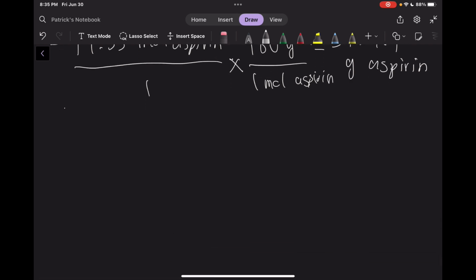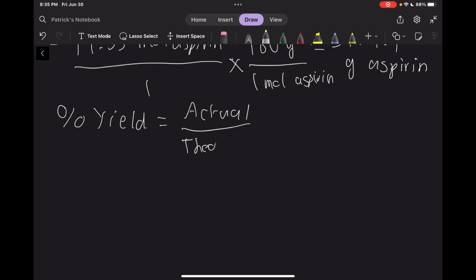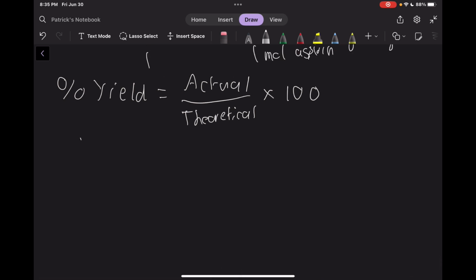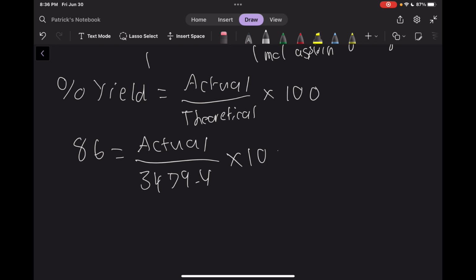Percent yield equals actual over theoretical times 100. So we just need to substitute our values and solve for the actual yield. 86 equals actual divided by 3,479.4, all multiplied by 100.